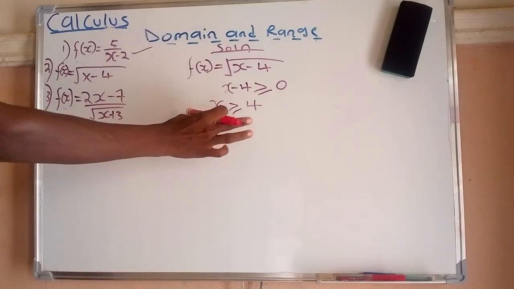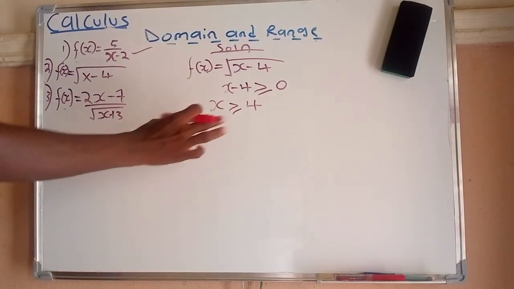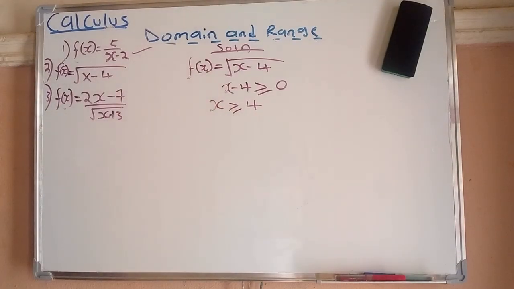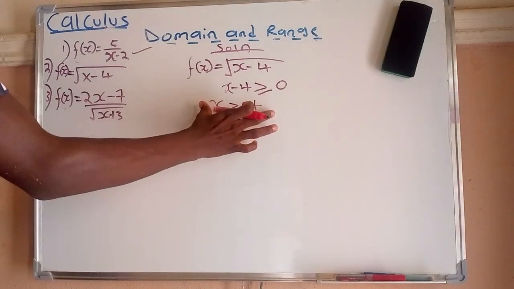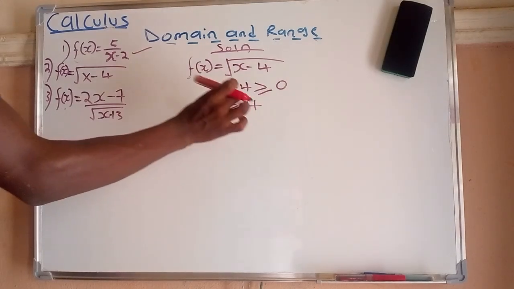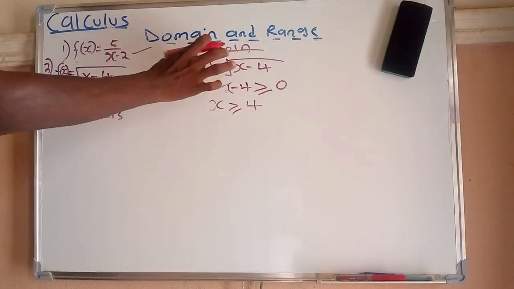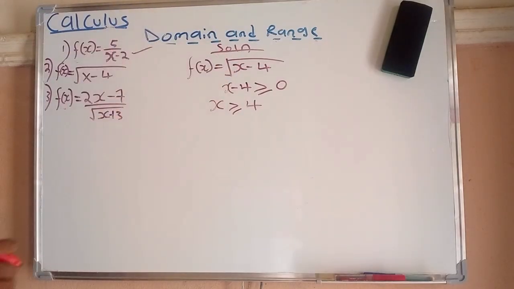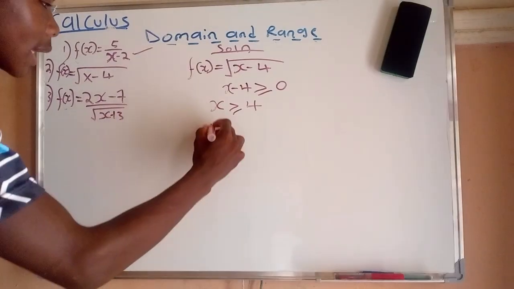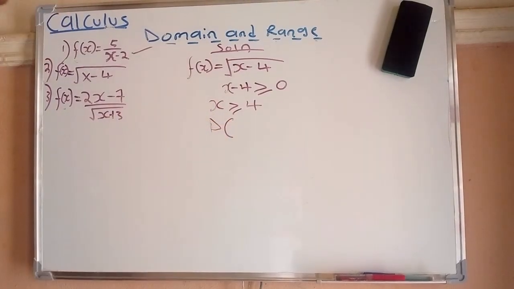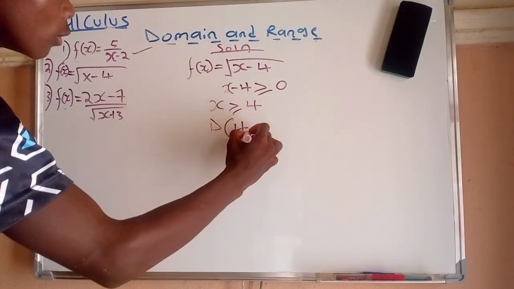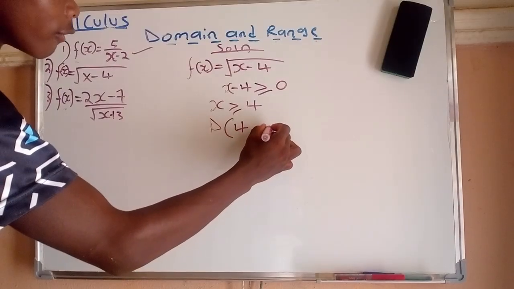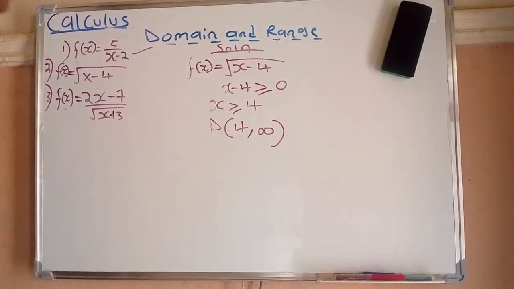So what's the domain of this function in interval form? The domain is 4, comma, positive infinity.